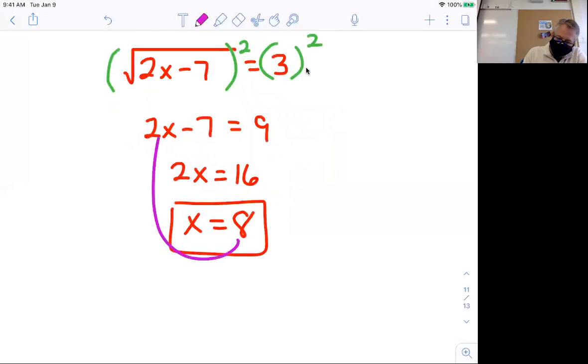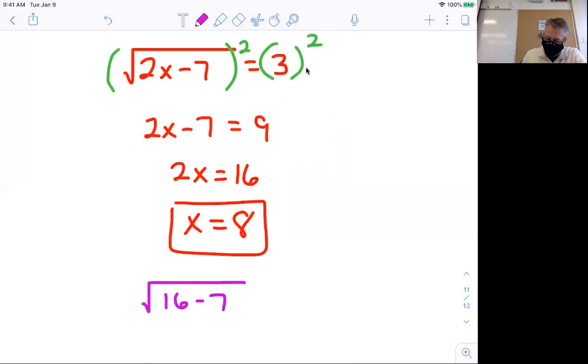You know, so I'm plugging an 8 in for x there. So if I did the square root of 2 times 8 is 16 minus 7, that's the square root of 9, which does equal 3. So it works. All right, and that's a fairly straightforward radical equation.